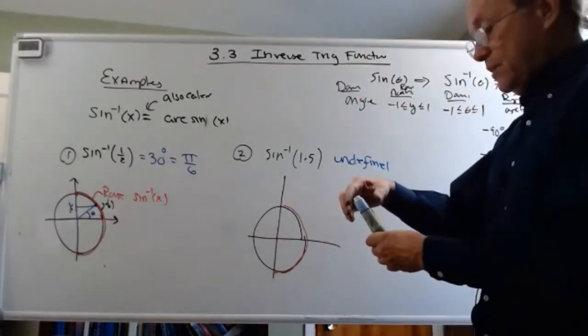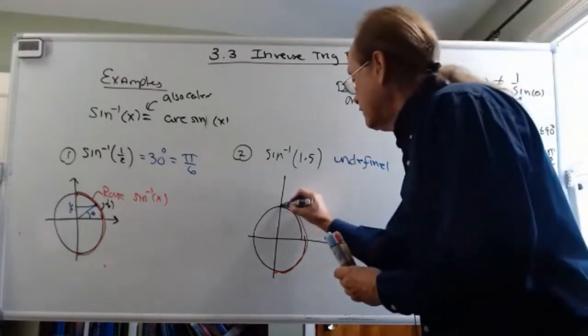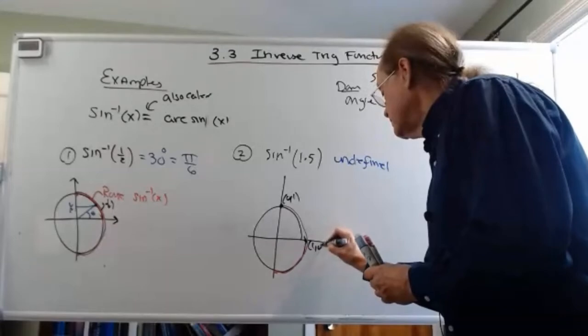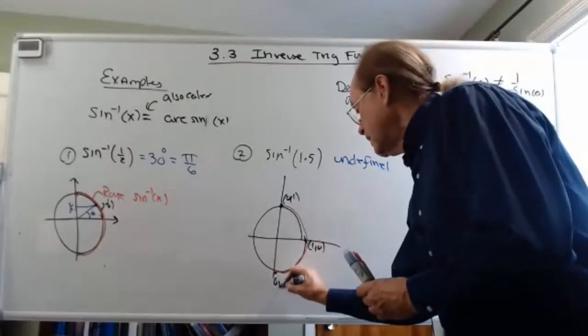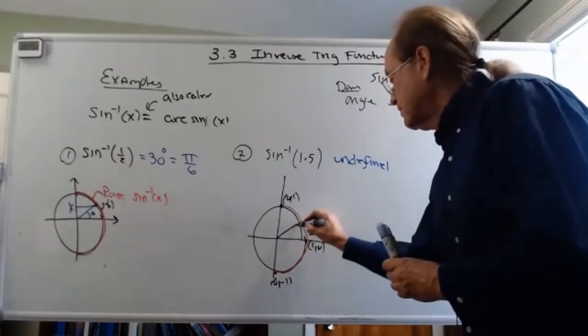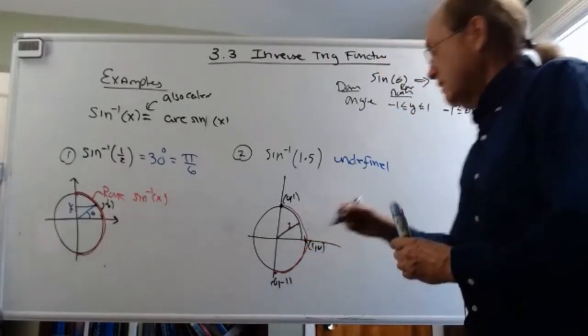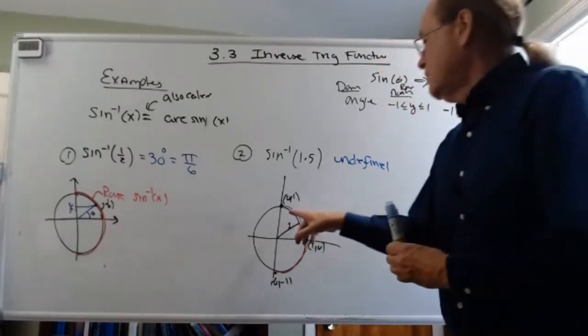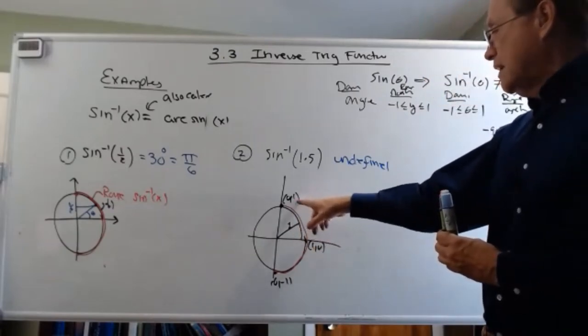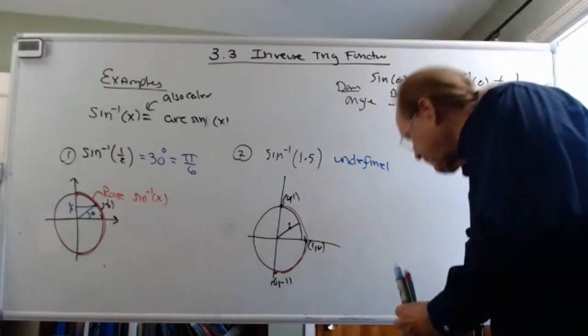Okay? It has to be on those coordinates, and here my point over here is 0, 1, 1, 0, 0, -1. So it's a unit circle, so that distance there is 1. So I'm saying, what if I put in a value for my y coordinate at 1.5?